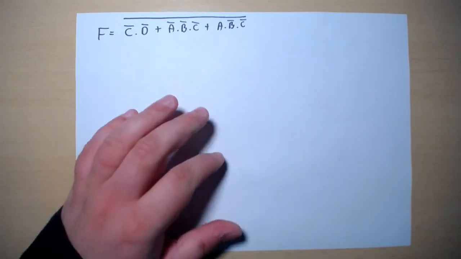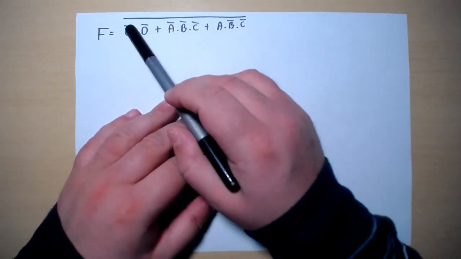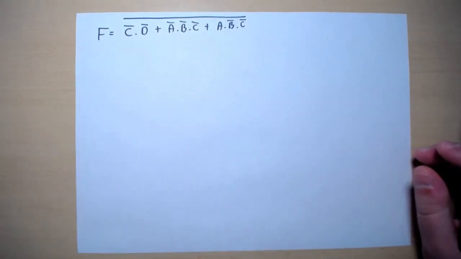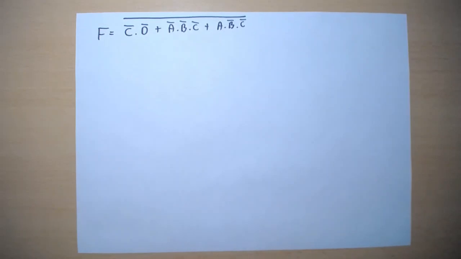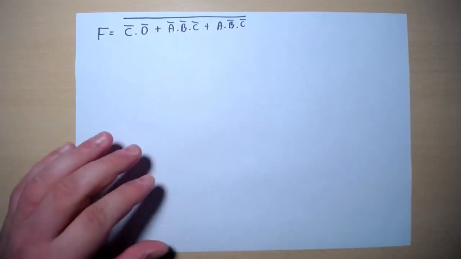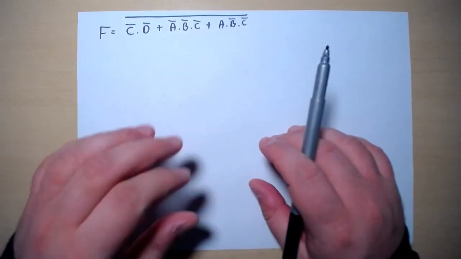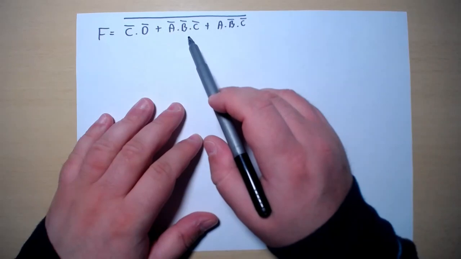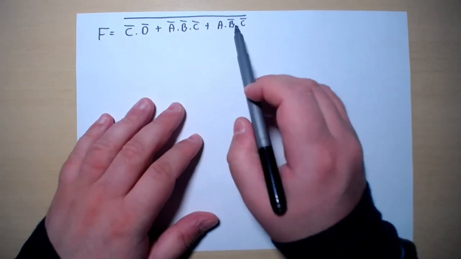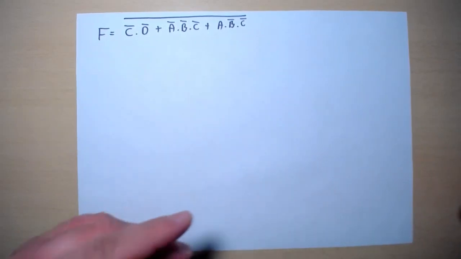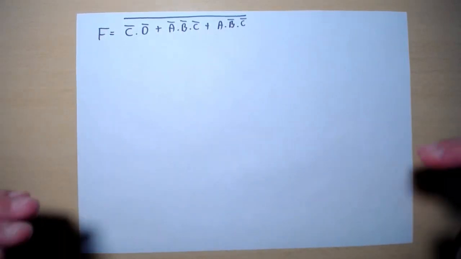First, we can look at what is written underneath the large NOT gate and check whether we can do some minimization there. In this case, a quick look at these two terms suggests that we can take out B' and C' as common terms and try to minimize what is written under the NOT gate first.